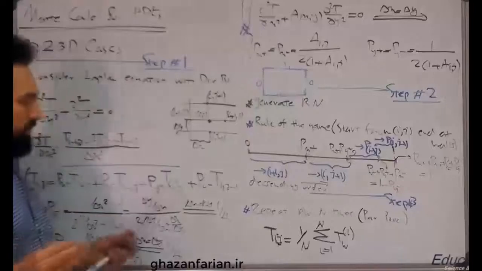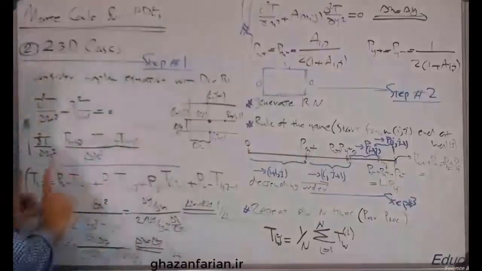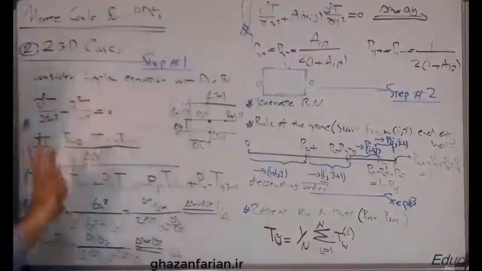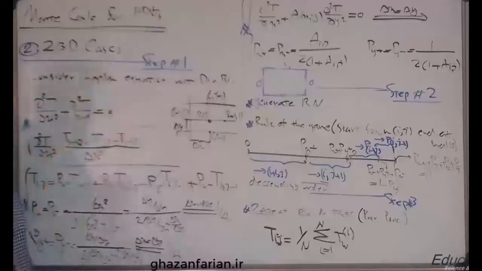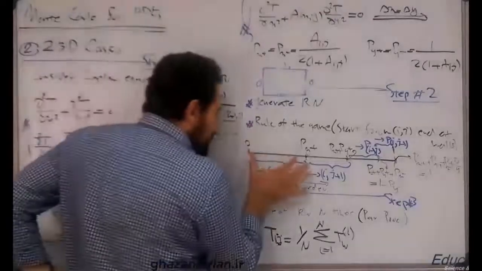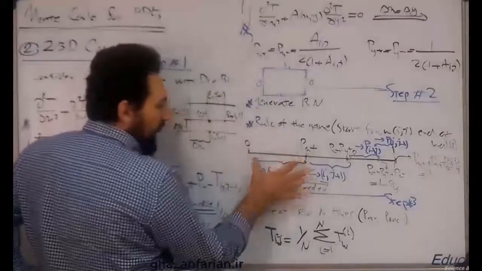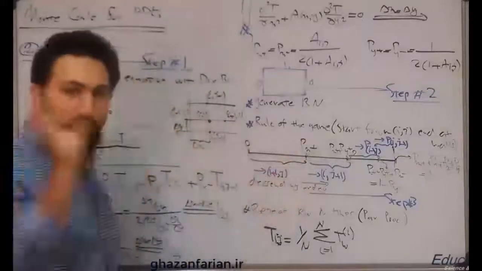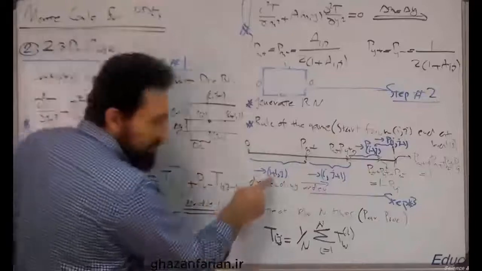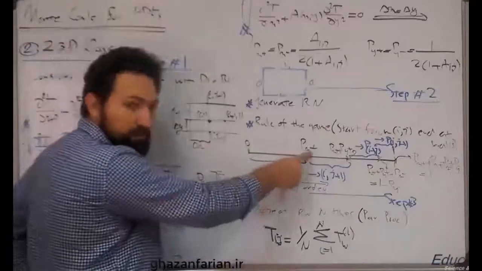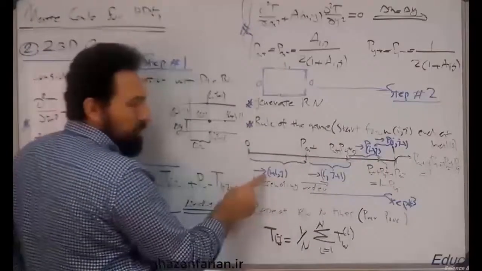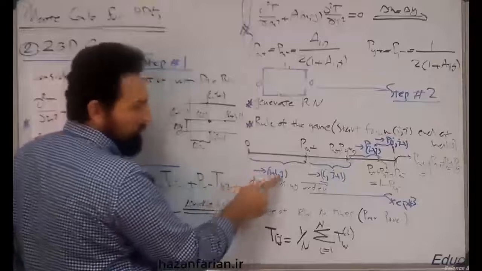So you have to compute the coefficients from the first step, and then generate random numbers. If the random number falls in this interval, you have to move the random walker to the right point, because this is p sub x plus. The node i, j goes to i plus 1, j.